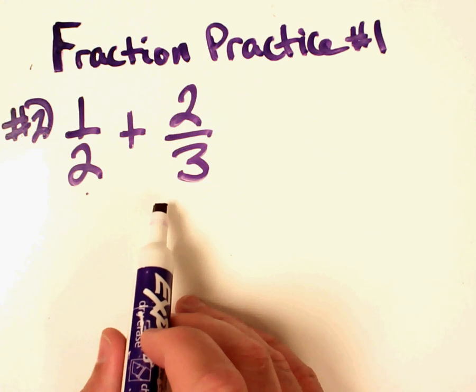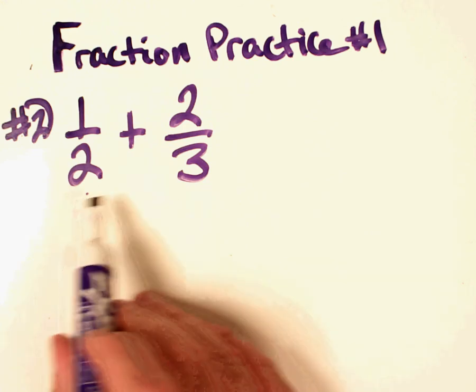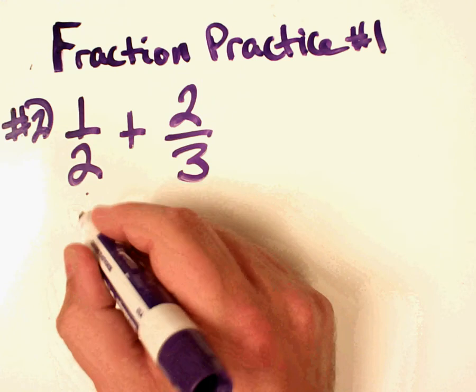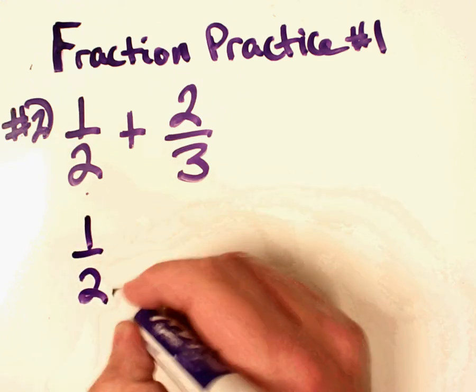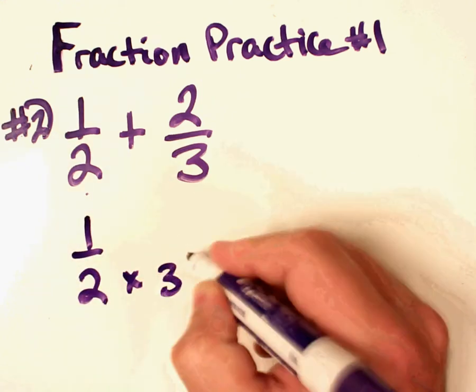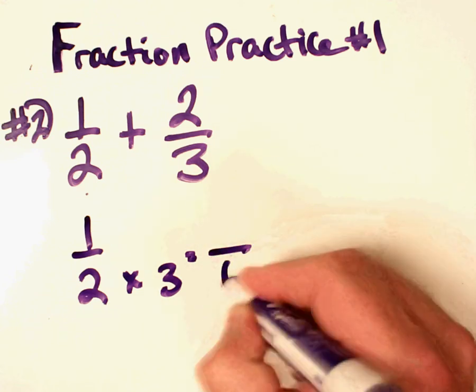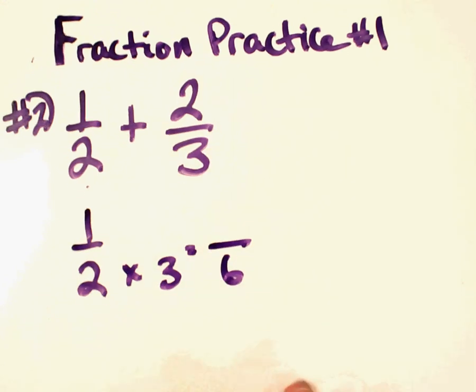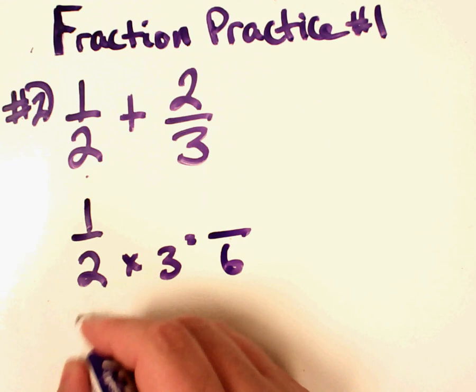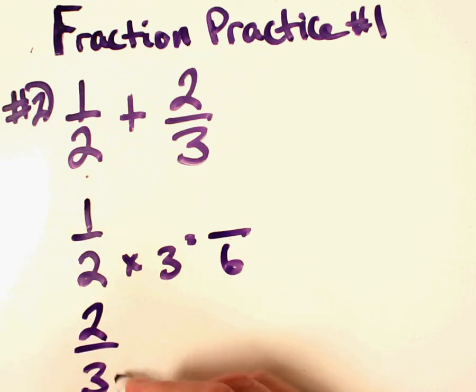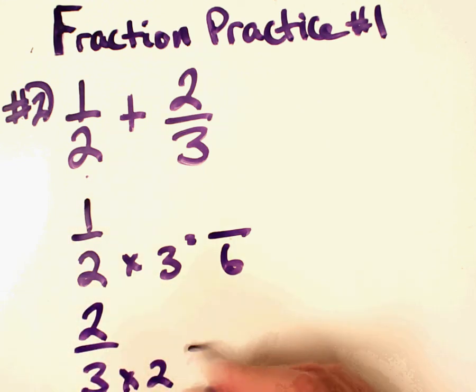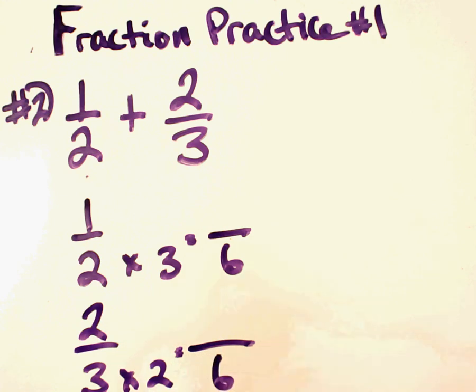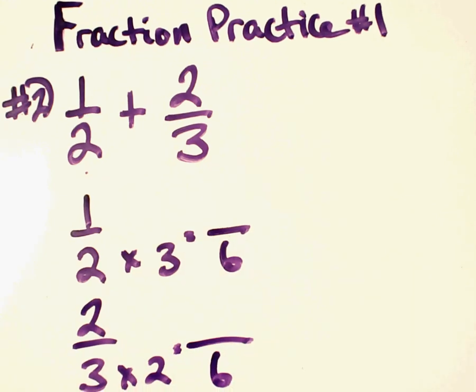The easiest way for me to do that is to simply multiply the two denominators. So I'm going to multiply my 2 by 3 to give me a fraction with a 6 as a denominator. And I'm going to multiply my 3 by 2 to also get another fraction with a denominator of 6.